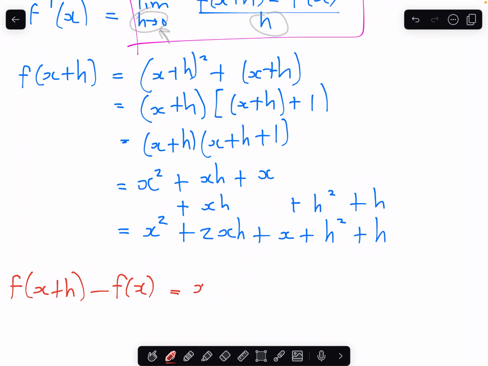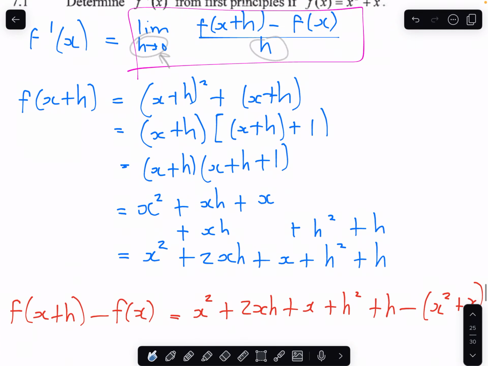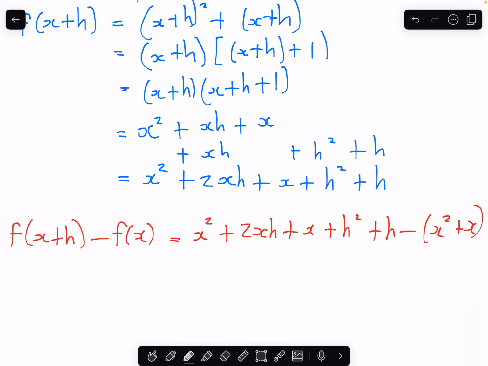So this will be x squared plus 2xh plus x plus h squared plus h, minus (x squared plus x), which is just f of x. We have x squared minus x squared and x minus x, so this ends up being 2xh plus h squared plus h.